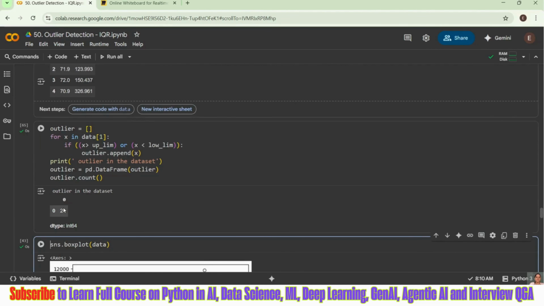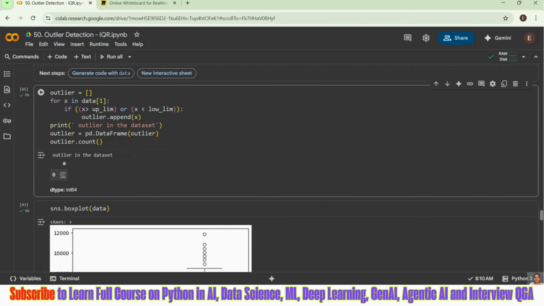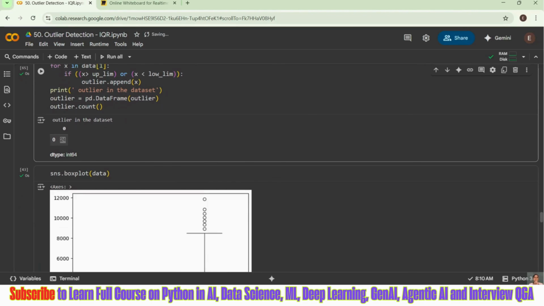I'm getting 24 outliers, guys. 24 outliers. However, in Z-score, we got around 5 or 6 outliers. So just see the effectiveness of this. What you are understanding here is that Z-score is better at detecting outliers, because if you get 24 outliers in a data set, it is very difficult to manage, right?